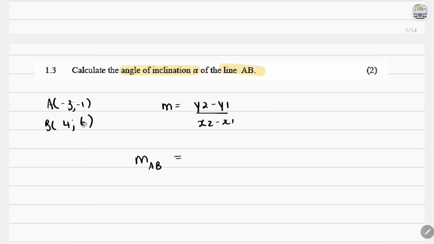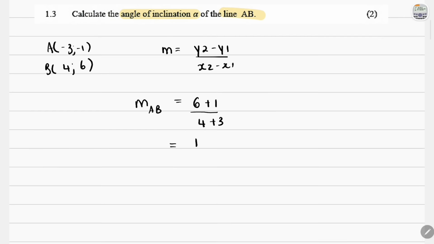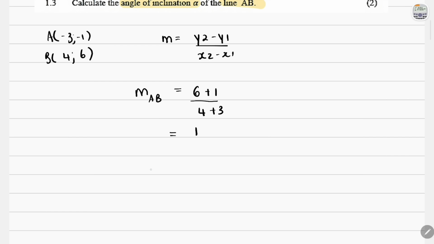So the gradient of AB is, and we're just going to follow one order. I think it's best to just take these ones as point 2. So that is 6 minus -1, which becomes a plus 1, all over 4 minus -3, which becomes a plus 3. So we have 7 over 7, which is equal to 1. So the gradient of AB is 1, meaning the angle of inclination will be found by saying tan theta equals our gradient, which is 1.